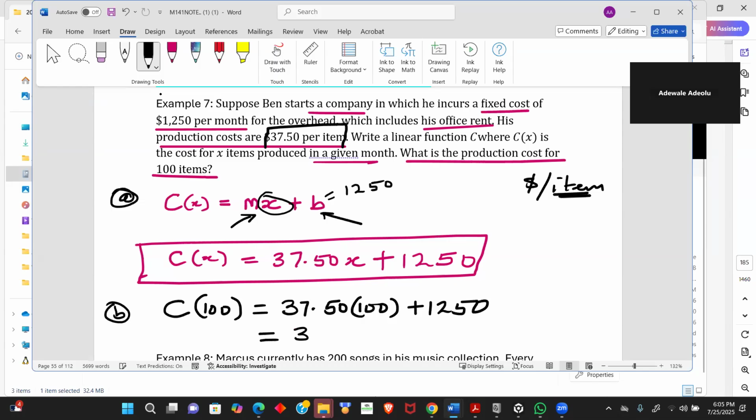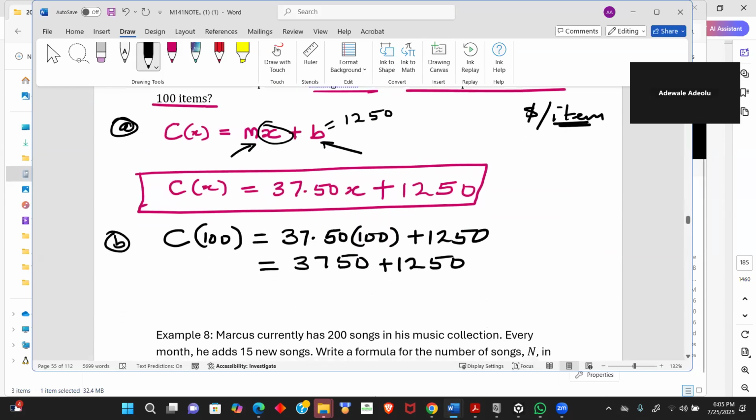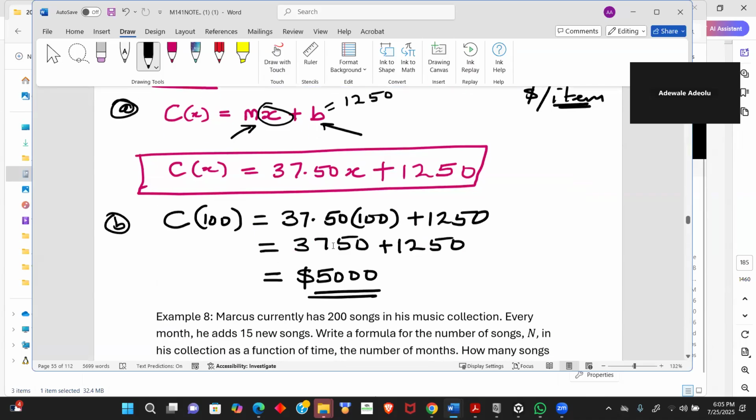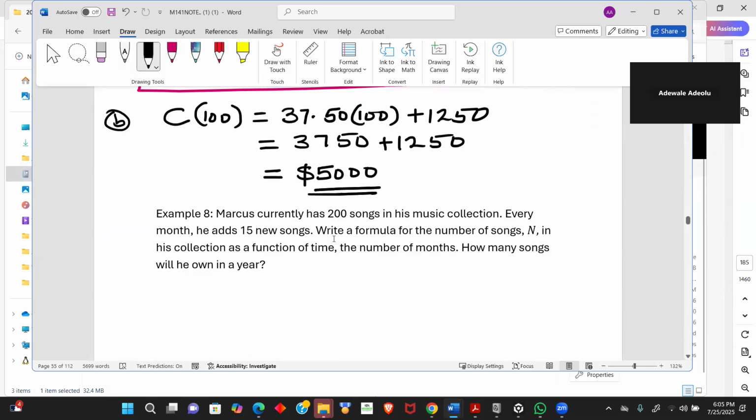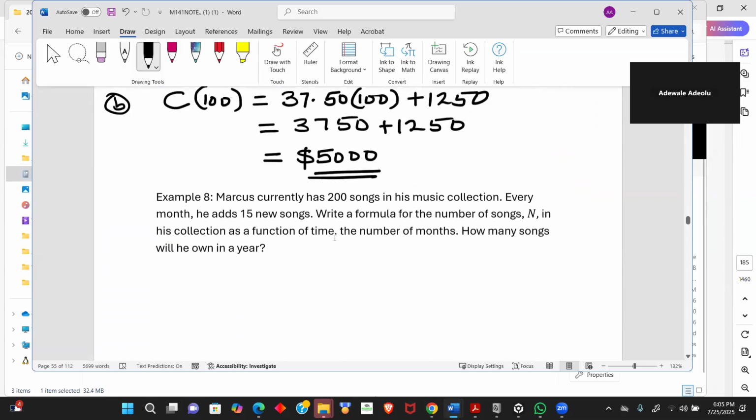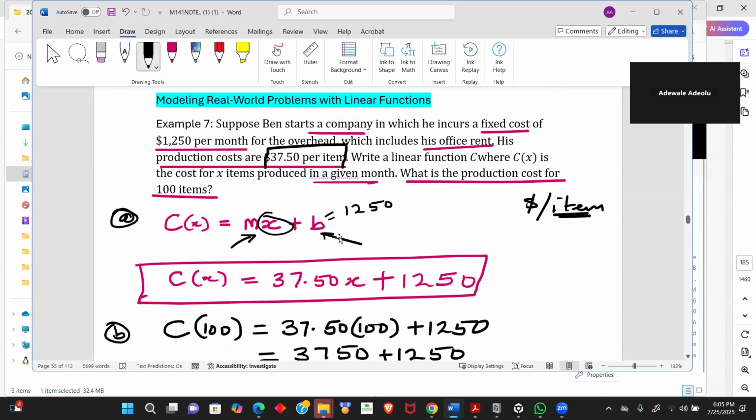So that is 3750 plus 1250. That is 250 plus 750, that is 1,000. 3, 4. So that should be $5,000 for that month, for producing 100 items. I hope that makes sense.